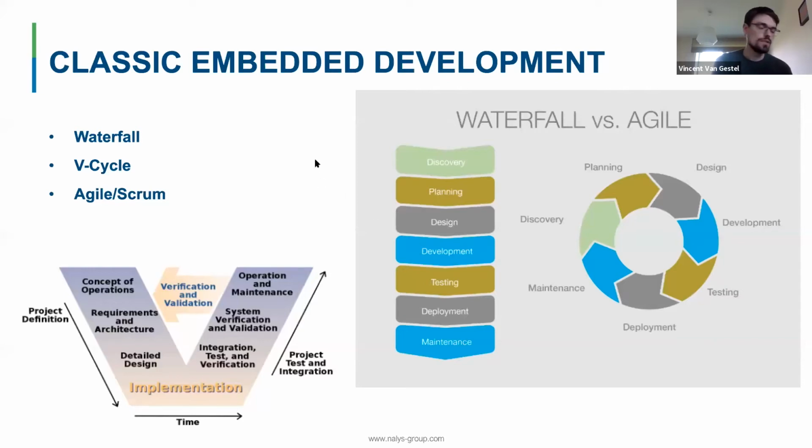There are 3 ways that are most common to do development, as development is not done at random. The first one is the waterfall approach. The second, V-cycle, and then last we also have the ever popular agile way of working. First off, waterfall, you probably know that this methodology isn't particularly popular anymore.